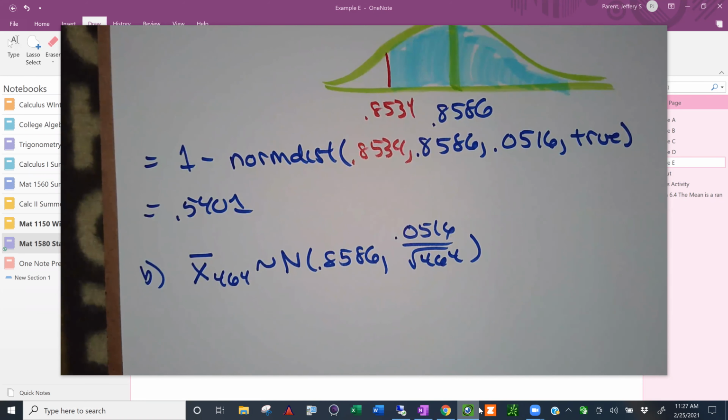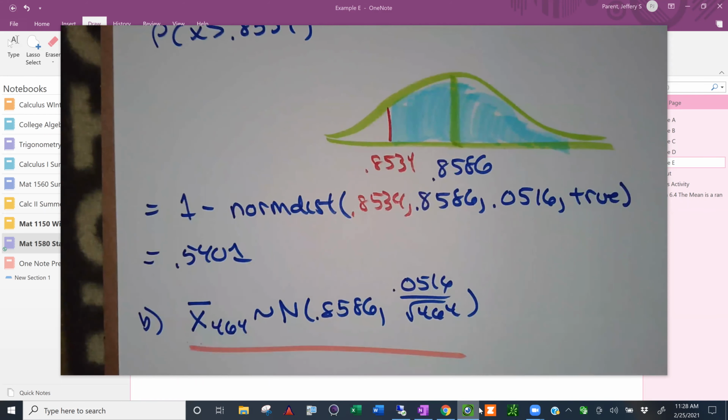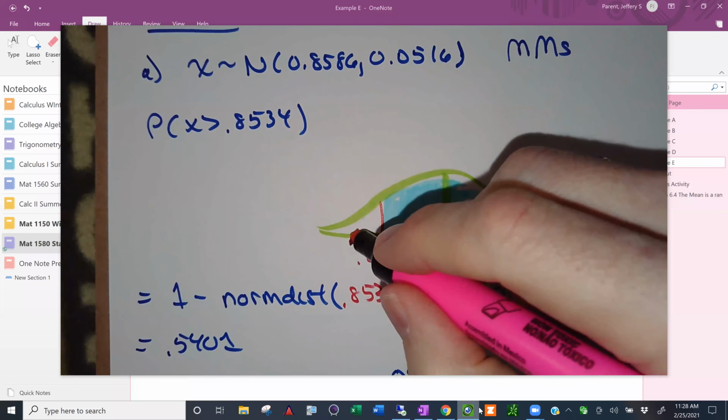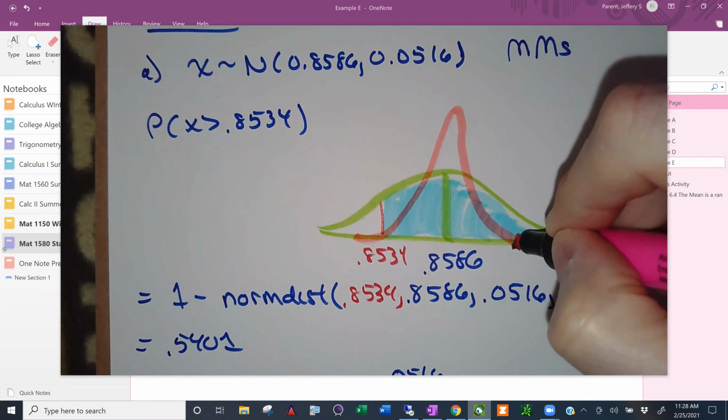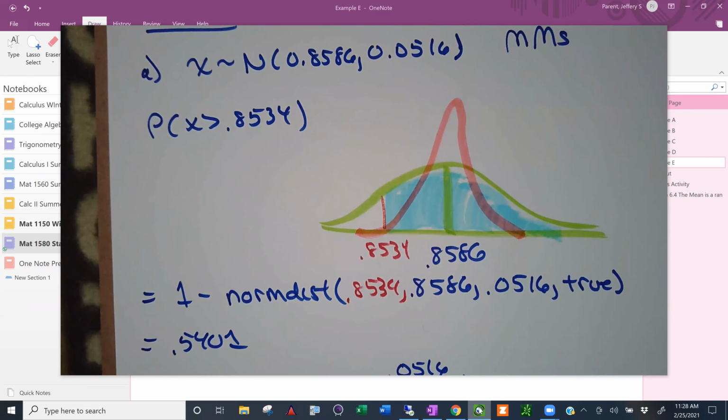So let's think about what's going to happen here. In this particular problem, we've got a new distribution. And because we have such a large sample size, this is going to be a tighter curve.